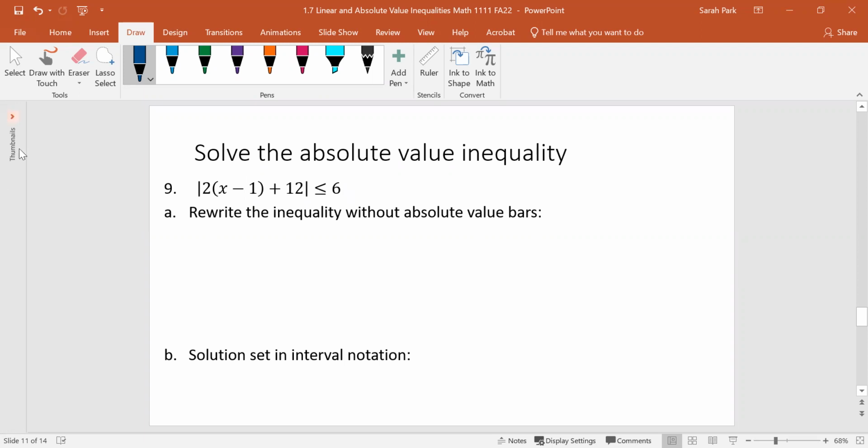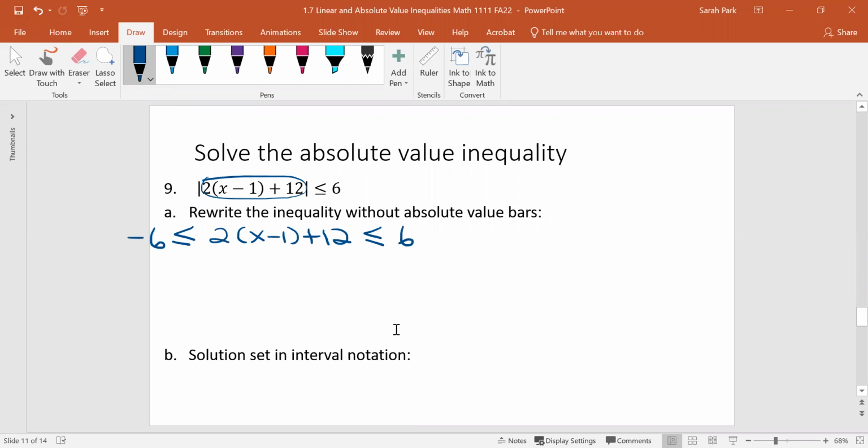We rewrite this so that the expression inside the absolute value comes out: 2(x minus 1) plus 12, less than or equal to 6, but also greater than or equal to -6.